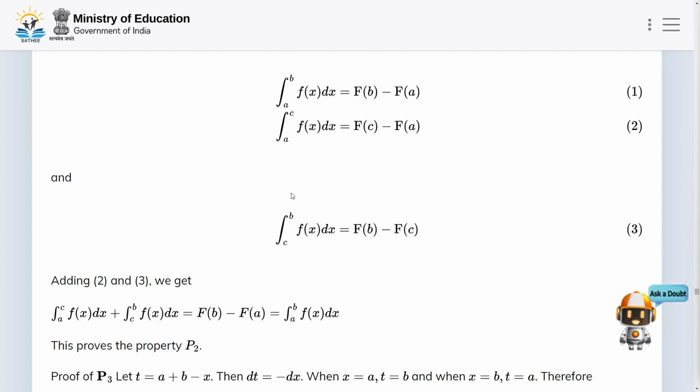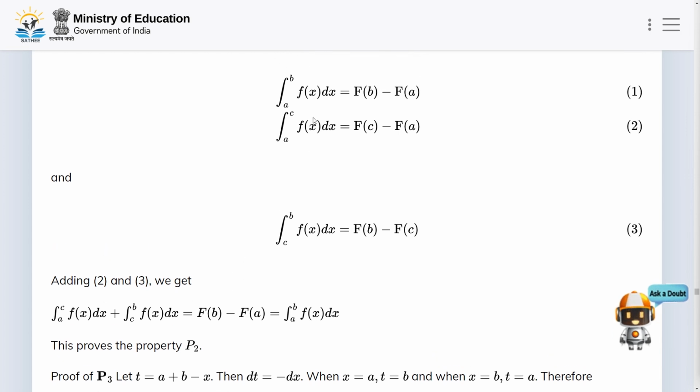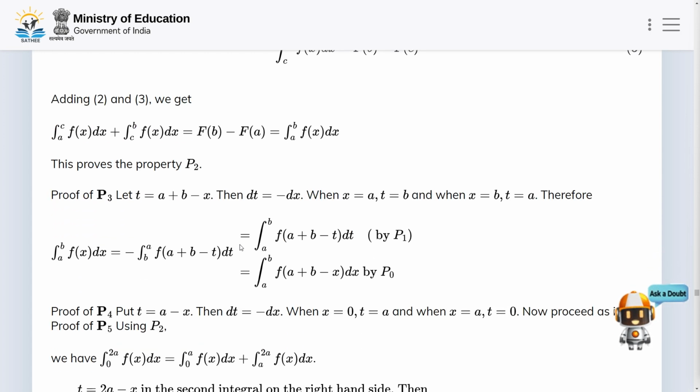If you add the definite integral from a to c of f(x) dx to the definite integral from c to b of f(x) dx, if you add 2 and 3, you will get F(b) minus F(a). And F(b) minus F(a) is what? The definite integral from a to b of f(x) dx. Simple. Okay, let us move to property P3.